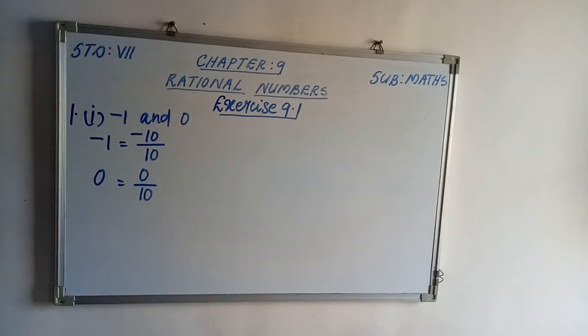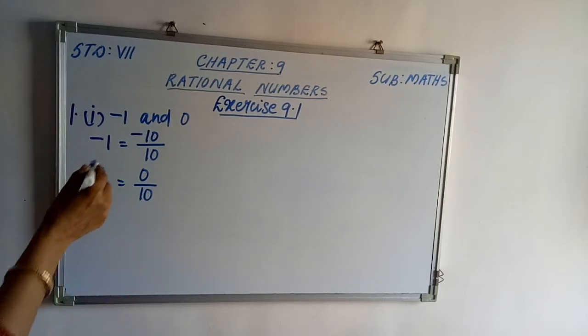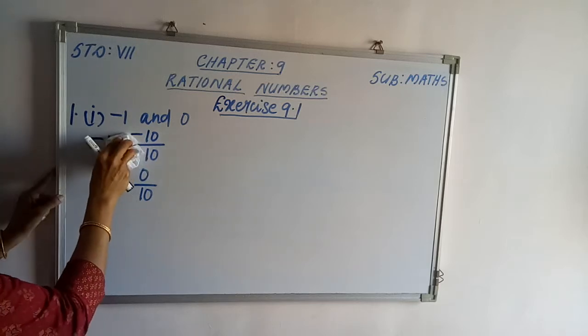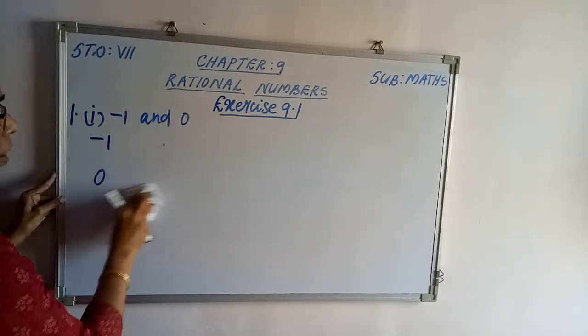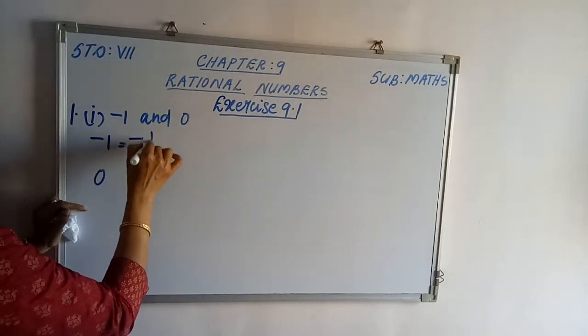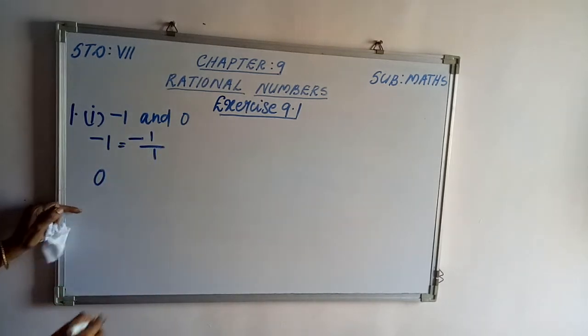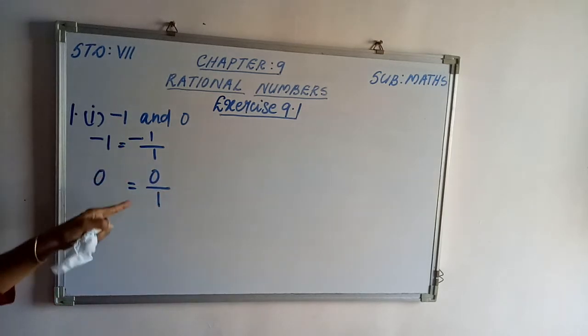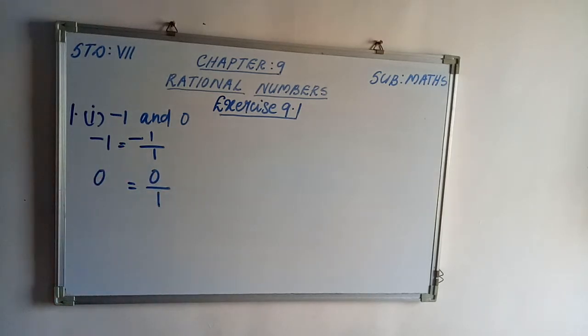Now it will be easy for you to find the rational numbers between minus 1 and 0. If you are finding difficulty with this, first we can write it this way: minus 1 is equal to minus 1 upon 1. Then 0 is equal to 0 upon 1, with the same denominator.